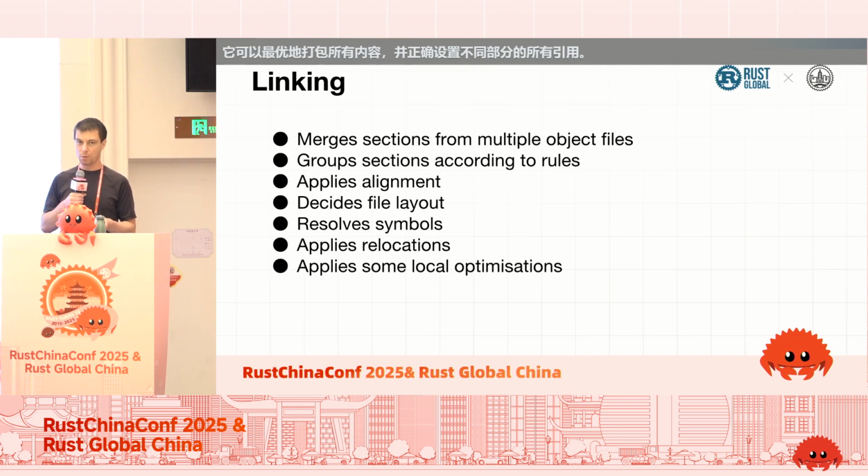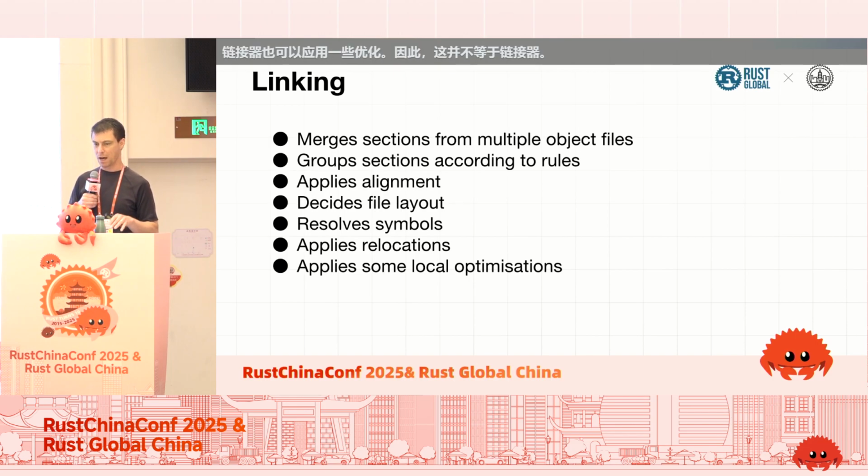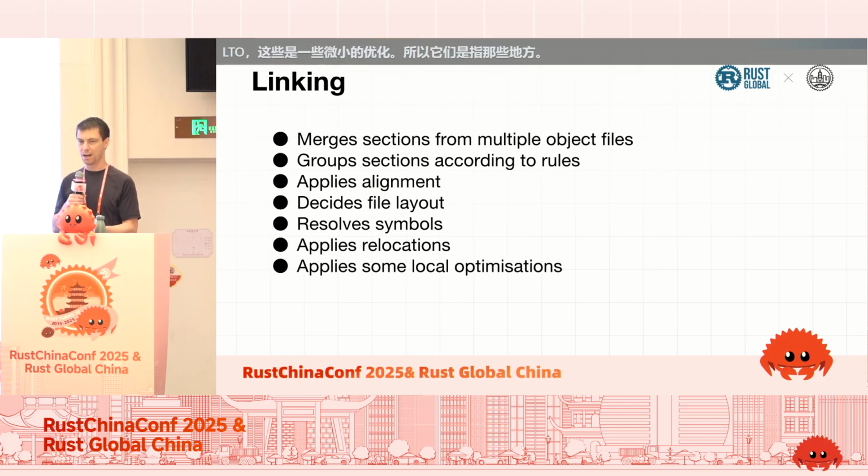Linkers can also apply some optimizations. This is not the same as LTO. These are sort of micro-optimizations, things where the linker has information that the compiler didn't have. For example, suppose the compiler is compiling some code that accesses a thread local variable, and it doesn't know whether that thread local variable will be defined in the same shared object as the reference to it. So it might pessimistically emit code that uses a very slow method of access that requires a function call.